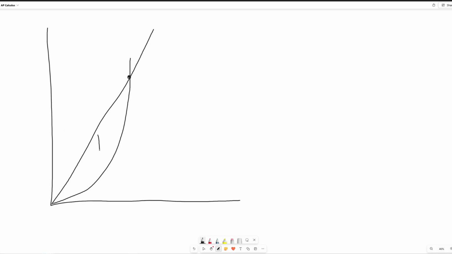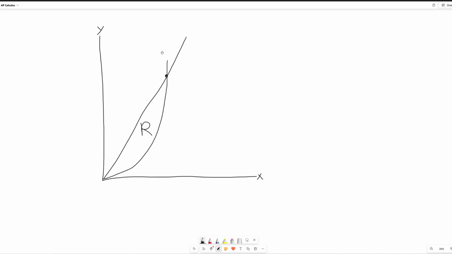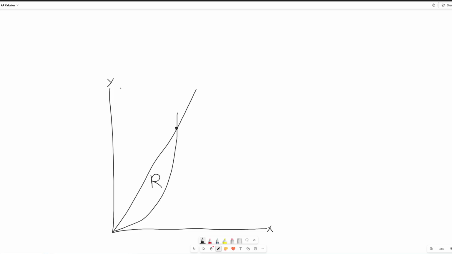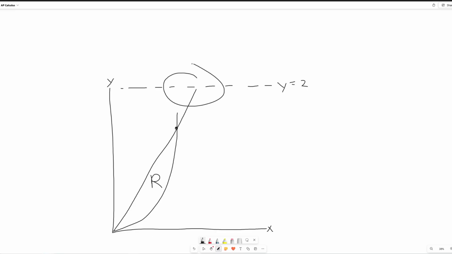Now what would happen if, instead of rotating this about the x-axis right here, I were to rotate it about the line y equals 2? How would I rotate this shape about a line that's not on the graph, not anywhere close to the x-axis? How would you do that?